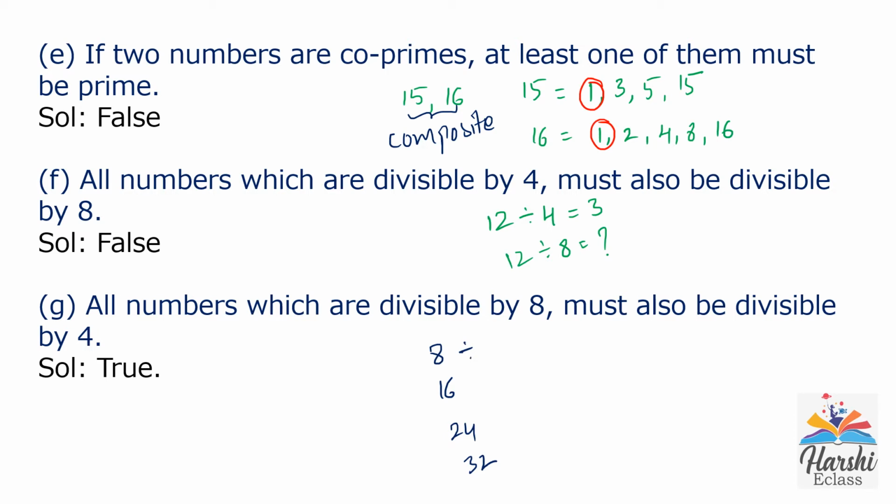All these numbers are divisible by 4. 4 twos are 8, 4 fours are 16, 4 sixes are 24, 4 eights are 32. So all the numbers which are divisible by 8 must also be divisible by 4. It is a true statement.